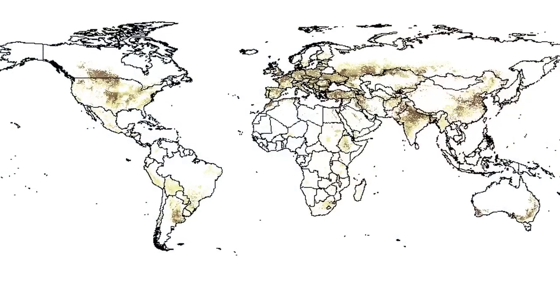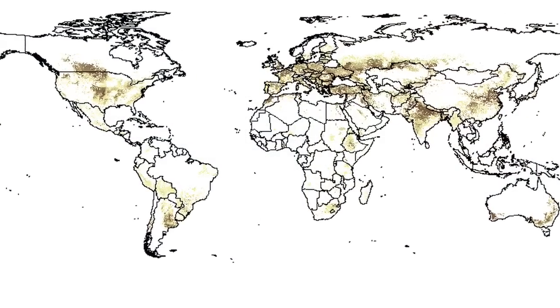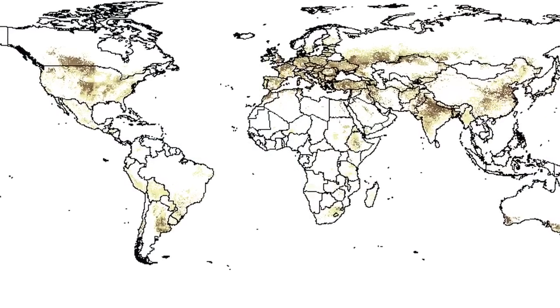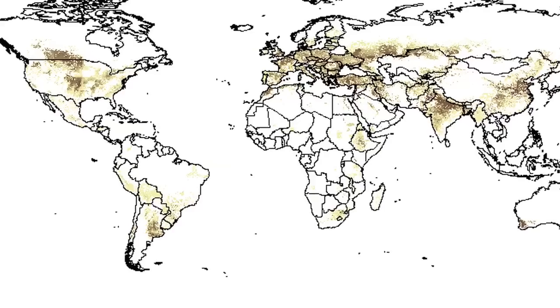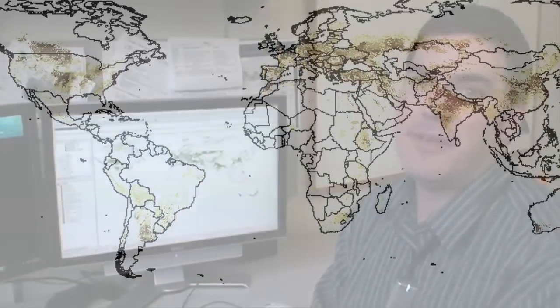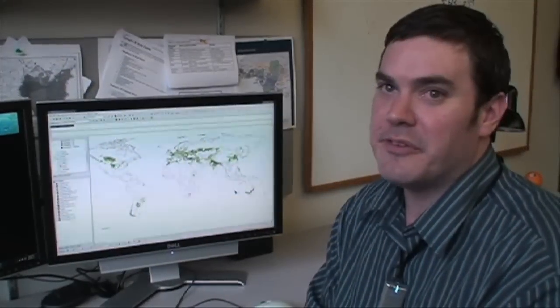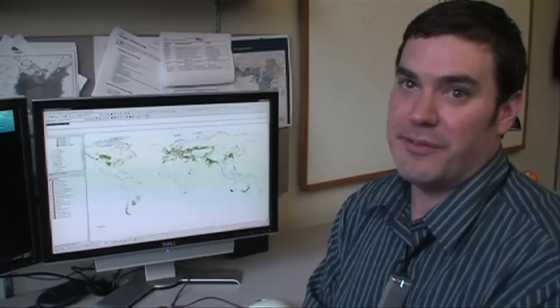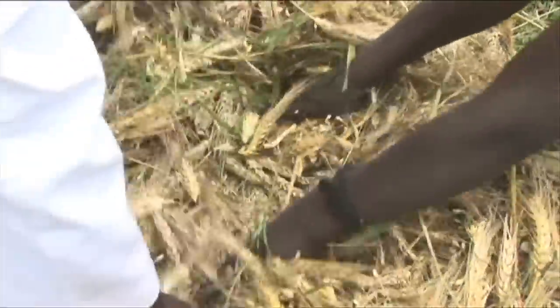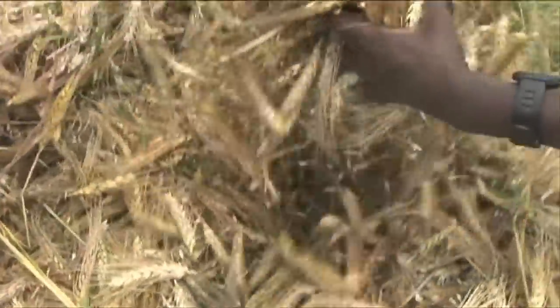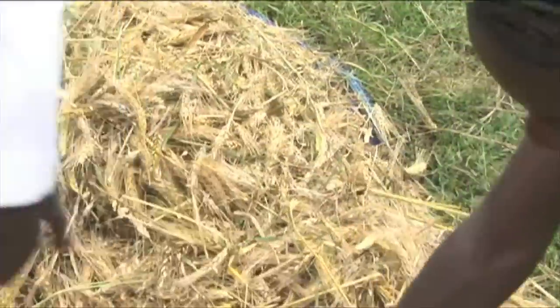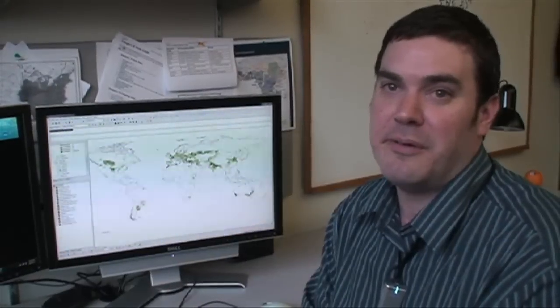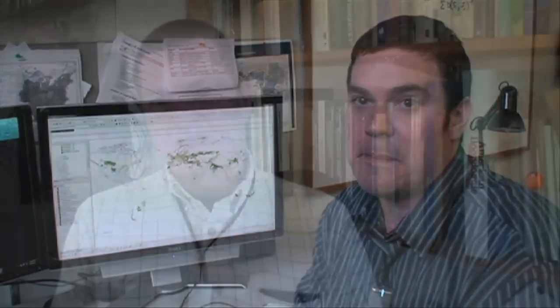Here, HarvestChoice has disaggregated the data further and gone down to very small pixel levels so that we can see exactly where in the world wheat might be grown and other crops, and we can start to think about how that corresponds with the very spatial pest and disease maps that we're producing, with information we have on households and consumer statistics, poverty, and other variables.